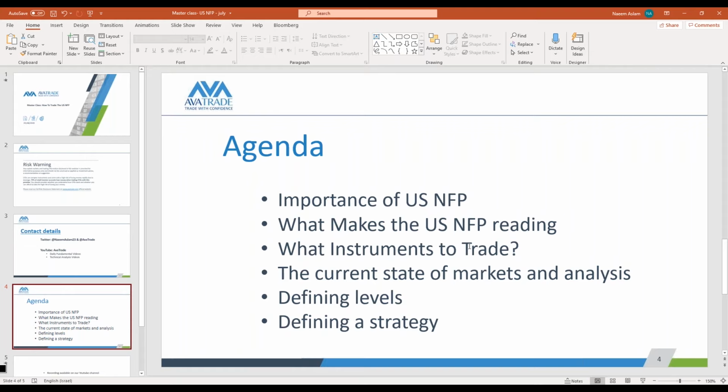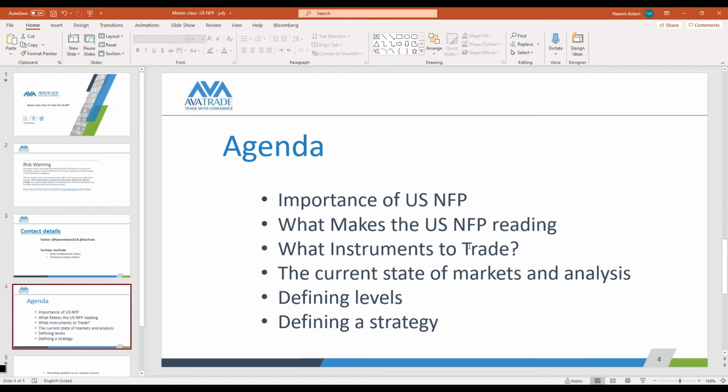Again, we have briefly already shown you that. But on the back of the US NFP data, one can potentially trade anything. It doesn't matter whether it is a commodity, a stock, Forex, or fixed income.